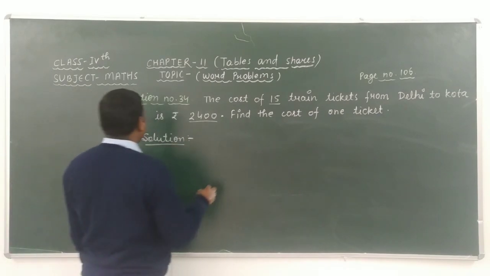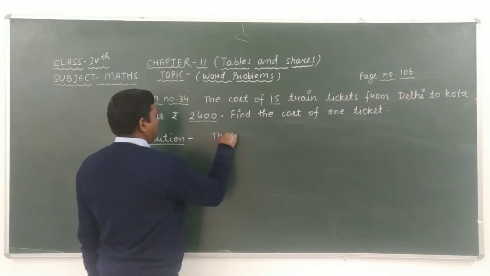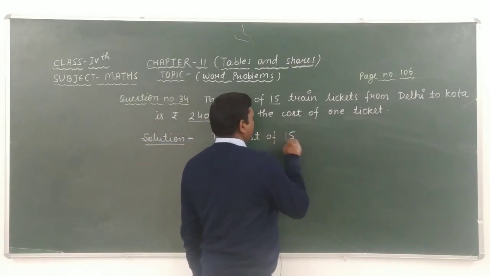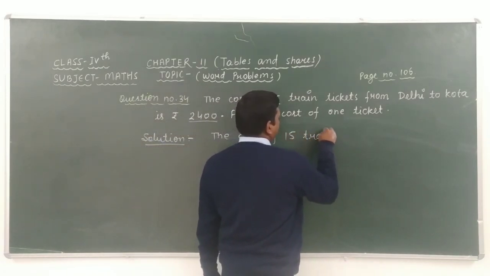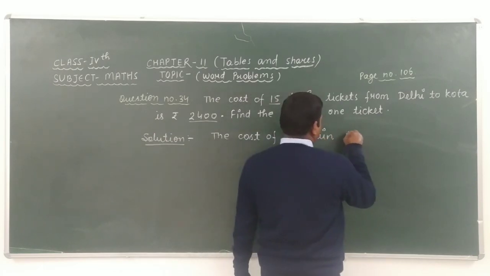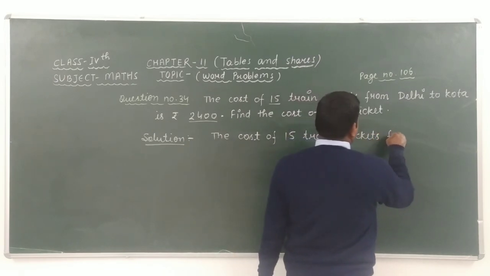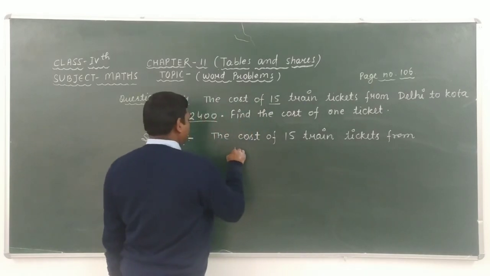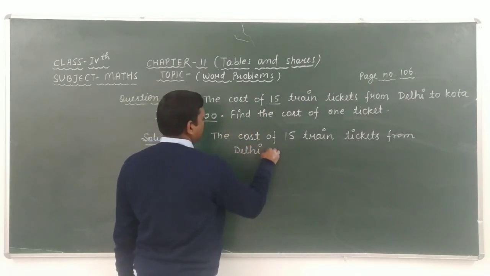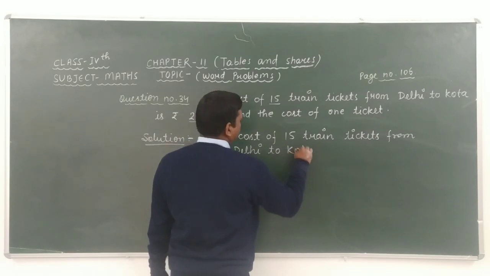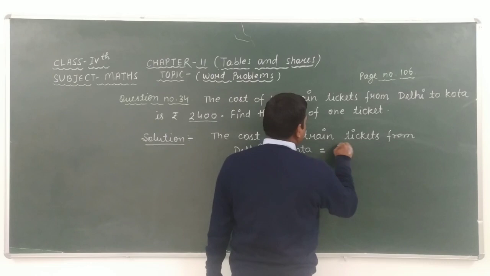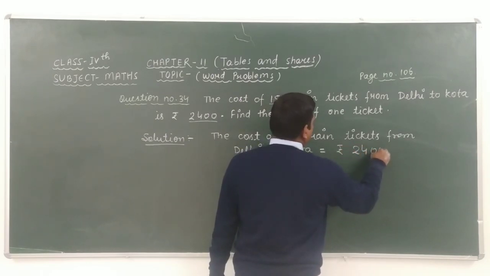In this question it is given that the cost of 15 train tickets from Delhi to Kota is equal to rupees 2400.